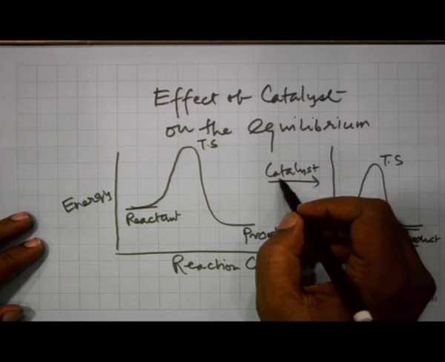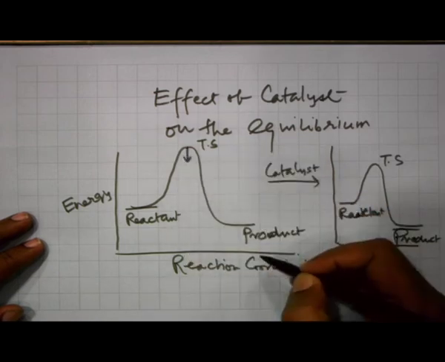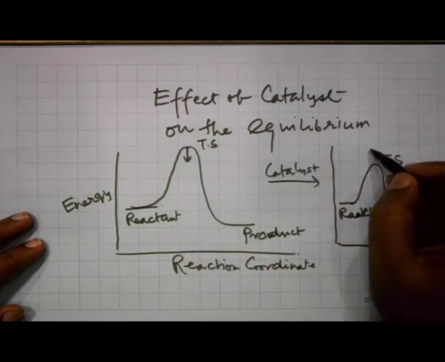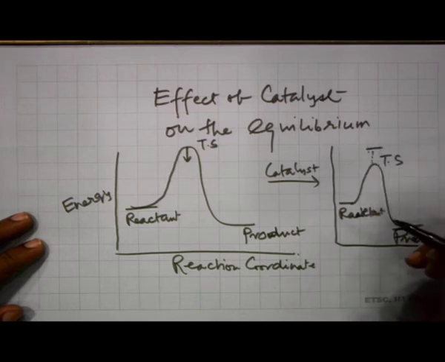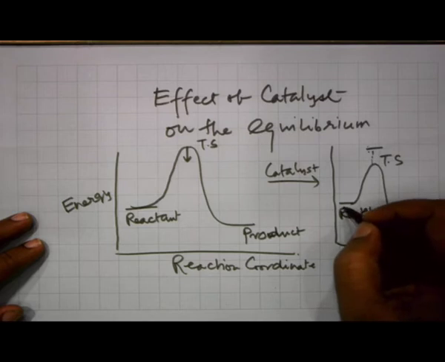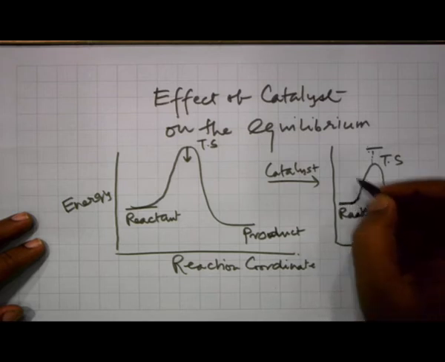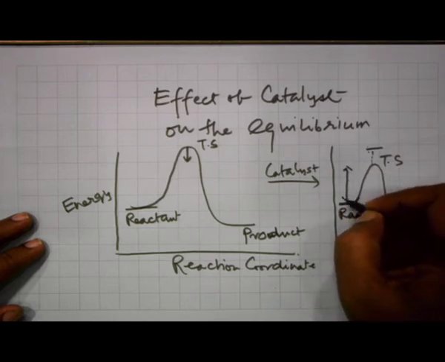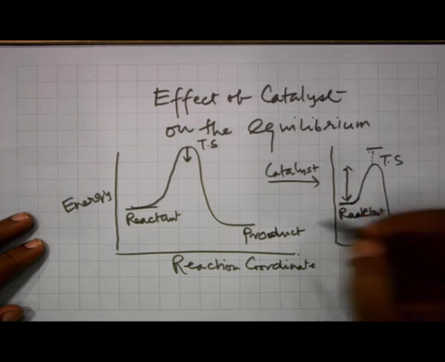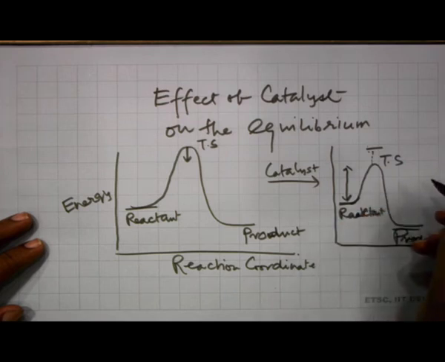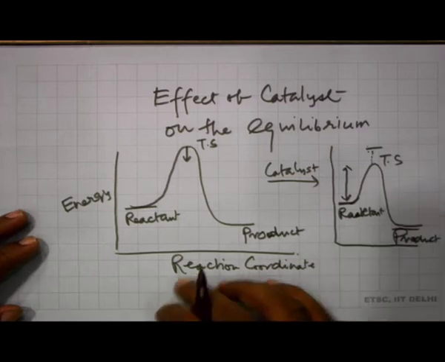So, catalyst basically stabilizes the transition state. It went down from this point to this point. So, activation energy decreased, and the reaction will be faster. But does it affect equilibrium?